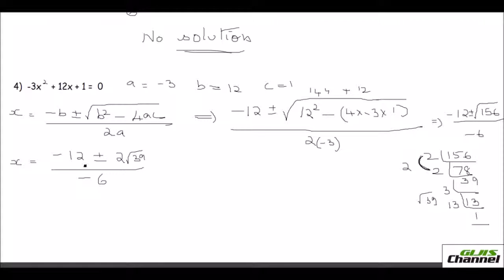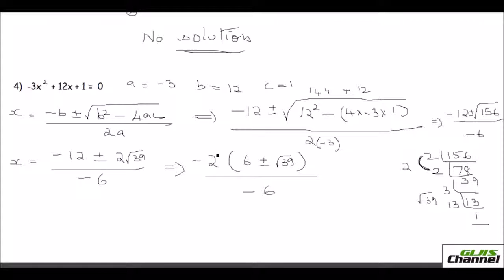Now see if you can divide the terms in the numerator and the denominator by the same number. Yes, you can divide everything by minus 2 as your common factor. Take the minus 2 out and you would have 6 plus or minus root 39 over minus 6.